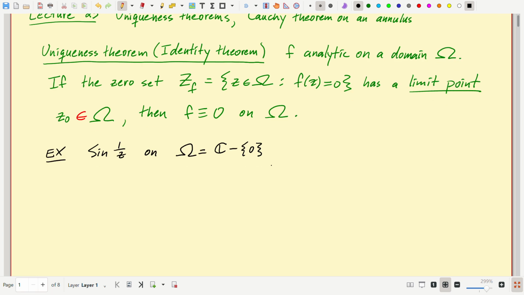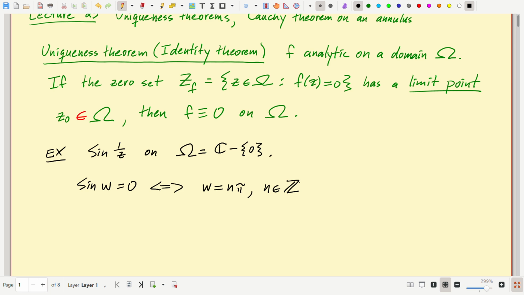So let's see, sine of z is equal to 0 exactly at the multiples of pi. So sine w is equal to 0 if and only if w is a multiple of pi for some integer. Could be negative 2.